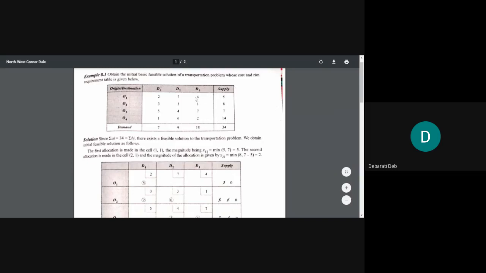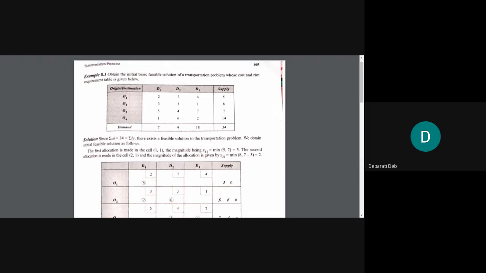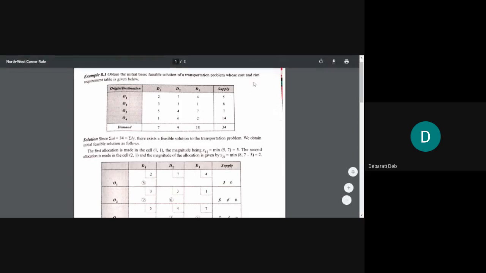This 5 is the number of units that can be supplied from origin O1. 8 units can be supplied from O2, 7 units from O3, and 14 units from O4. These are the supply capacities.